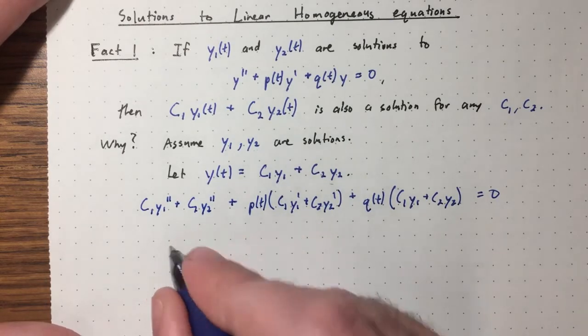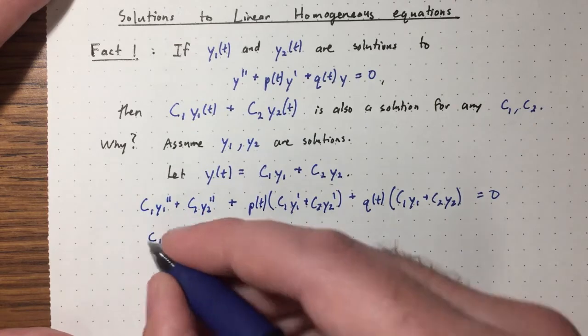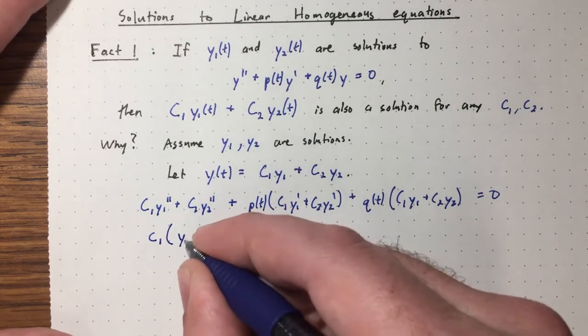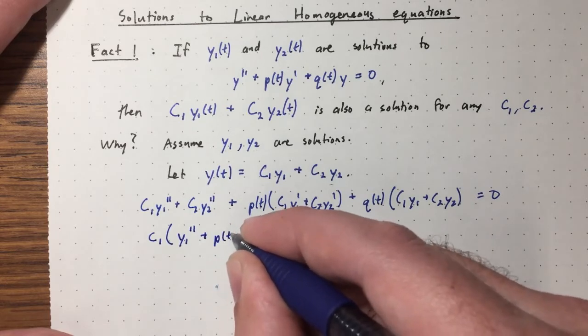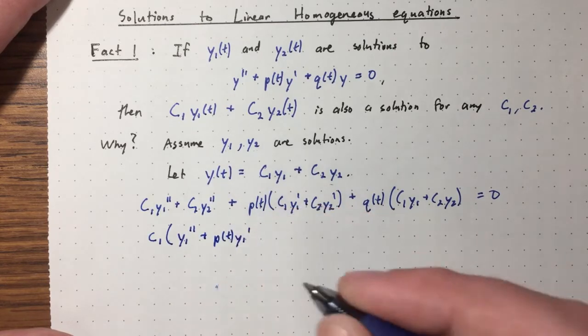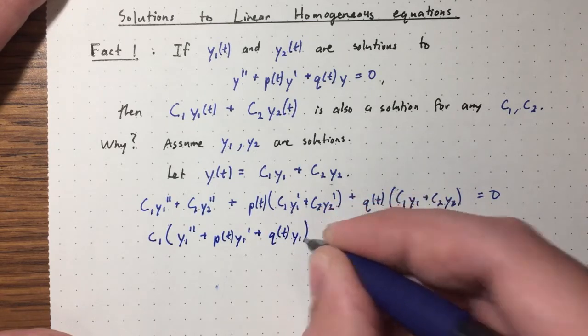Now I'm going to rearrange it. I'm going to take all the terms that have a c1 and factor that out. So c1 times y1 double prime plus p of t times y1 prime plus q of t times y1.